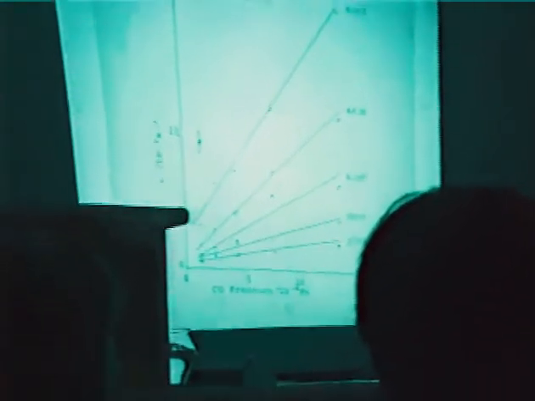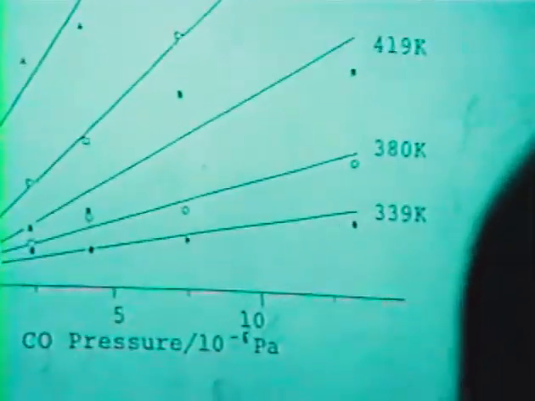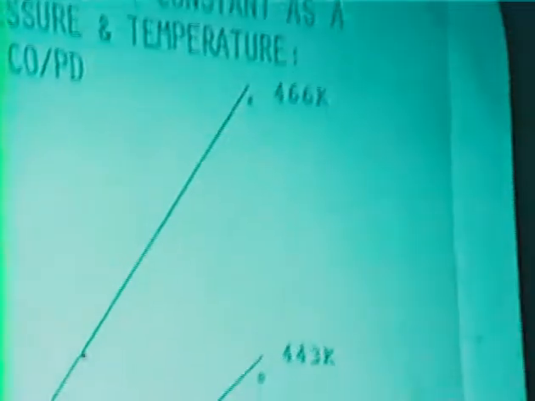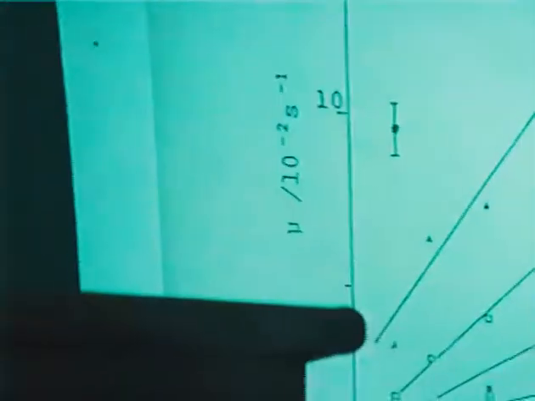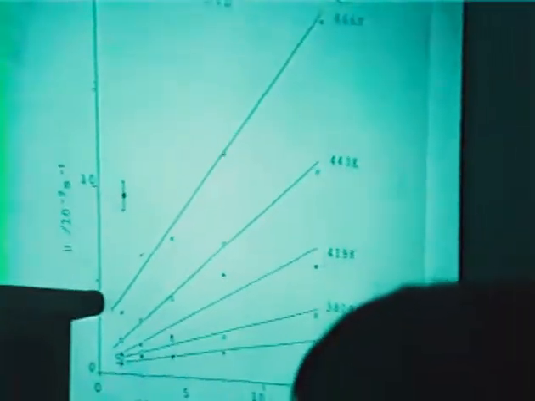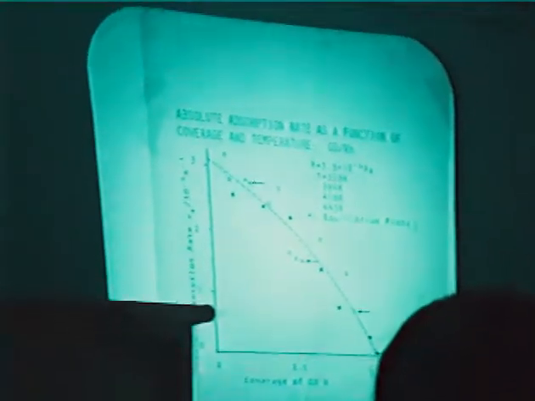It is very interesting to find that the absolute rate of desorption of CO is dependent upon the CO pressure in the ambient. It is quite different from what they say in the textbook. On the other hand, as to the rate of adsorption, of course, we estimate it this way.